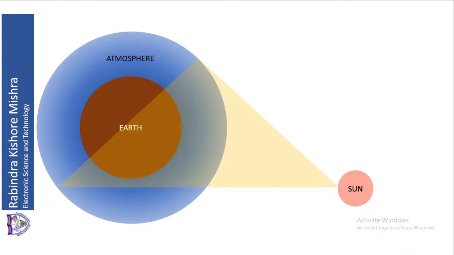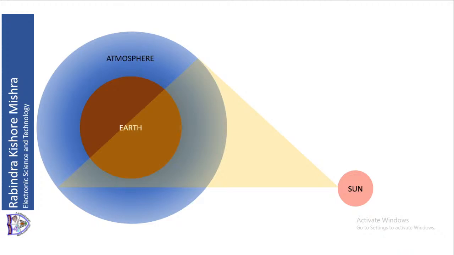Now, in the process, what happens is, at the surface of Earth, we have minimum energy. Since we have minimum energy, although there is a highly dense atmosphere or highly dense gas, because the energy is not sufficient, those gases cannot be ionized.